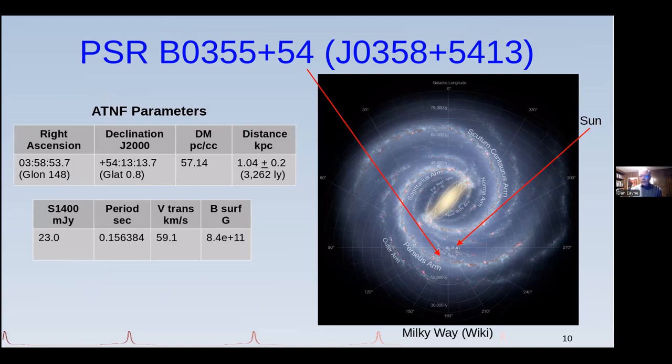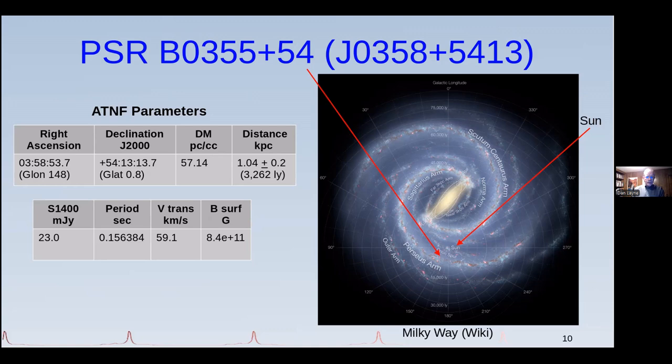In this image of the Milky Way, the sun is located at 0, 0 on the scale, but this pulsar is at 358 right ascension and 54 declination. So it's over there to the left near the Perseus arm, a little over 1 kiloparsec in distance.